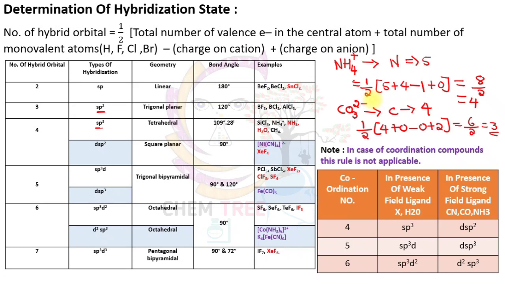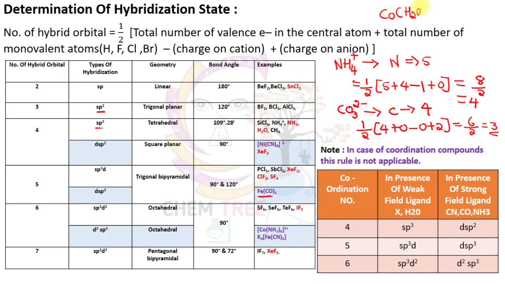But in the case of coordination complexes, we follow a method based upon the type of ligand. For example, in pentacarbonyl iron, carbonyl is a strong field ligand, its coordination number is 5 and the hybridization becomes dsp3.